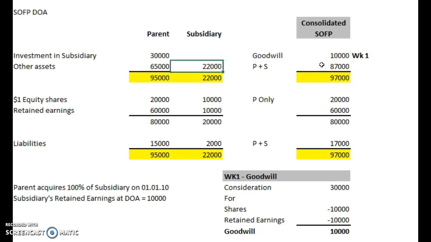Other assets, be it plant, machinery, inventory, is 87,000, P plus S. Equity shares, only ever the parent, so that's 20,000. This is just the retained earnings of the parent. We're at date of acquisition, so there's no post-acquisition retained earnings. And liabilities is P plus S. Those two added together gives us 97,000. So that is the consolidated statement of financial position with goodwill.